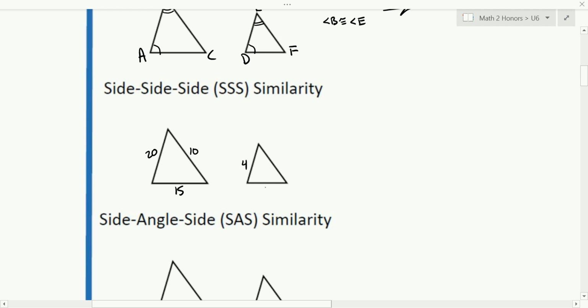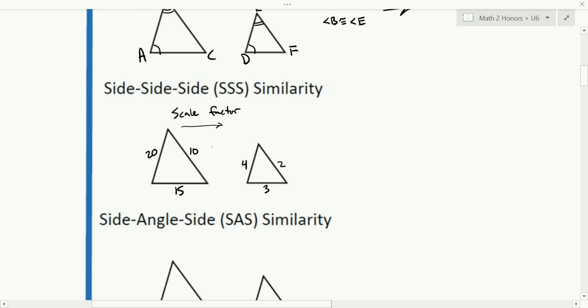What would this one be? What would my scale factor be going from large to small? 5?